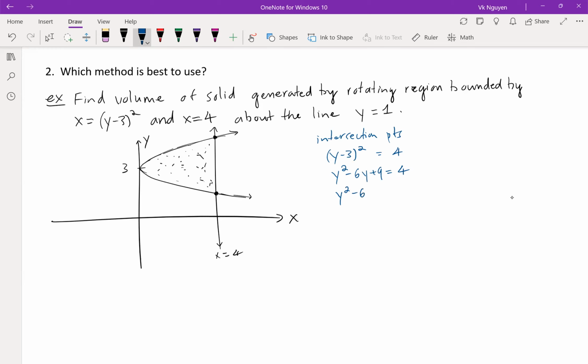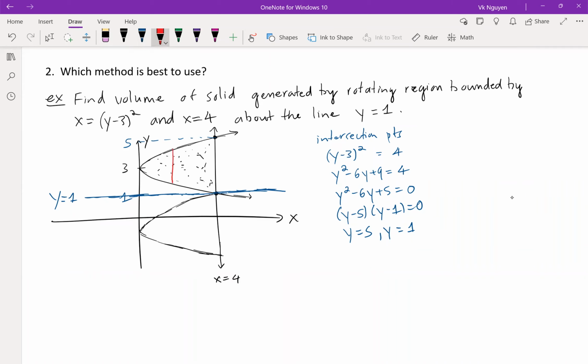So y squared minus 6y plus 5 equals 0. And we can factor this out: (y minus 5)(y minus 1) equals 0. So ta-da, y equals 5, y equals 1. So this is 1, and this number up here is 5.